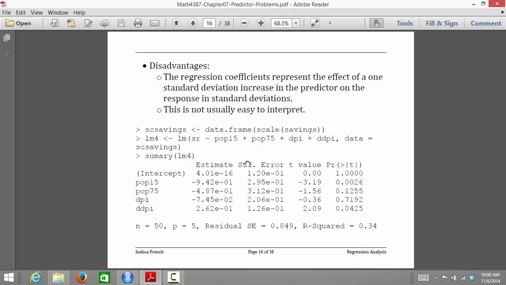And then our coefficients are a little smaller as well. So the numbers are going to change both ways in this case. We don't get the same numbers as we had before because we get an interaction between the way that we scaled the predictor variables and the way that we scaled the response variable.